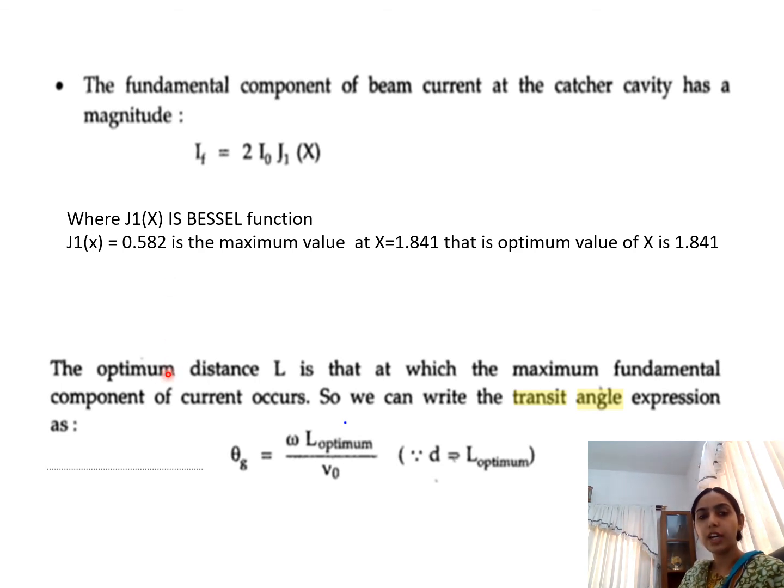Now we have to find the optimum distance L at which the maximum fundamental component of current occurs. So we can write the expression for the transit angle. We know theta g is equal to omega into time, that is omega into L optimum by V naught. Here we are writing it as L optimum in order to find the optimum distance L at which the maximum fundamental component of current is occurring.